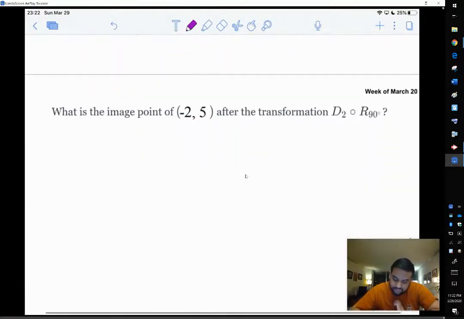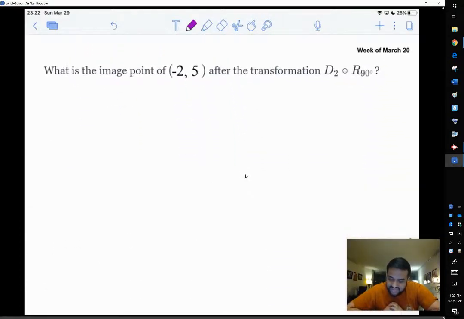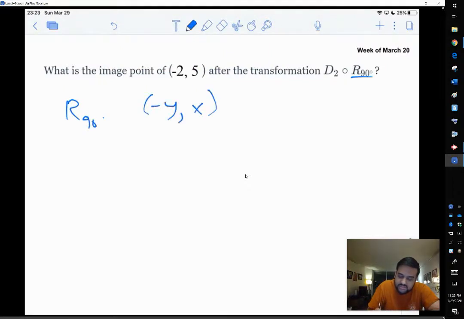Last one. Here's our point. The rule is D2 combined with R90. So R90 here means a rotation of 90 degrees. So let's start with the second rule as always. So rotation 90 counterclockwise. The rule for that is negative y comma x. So plugging that in would give us negative 5, negative 2.